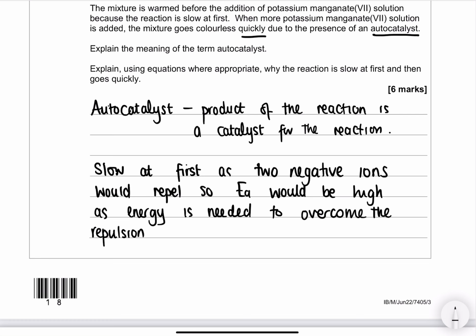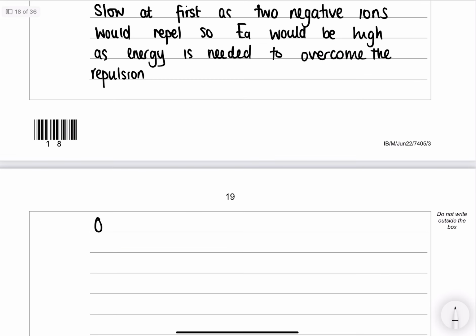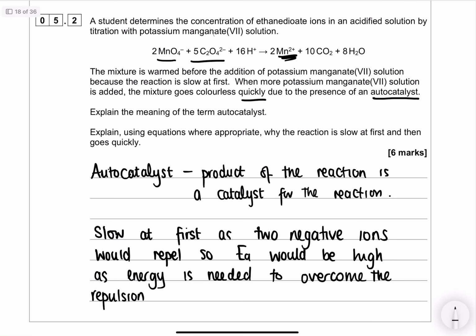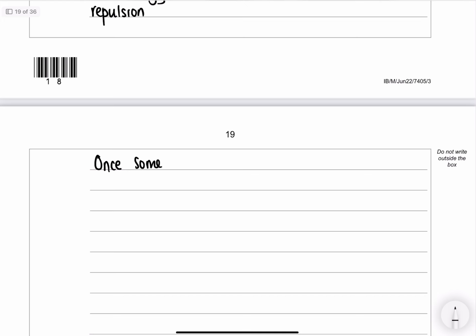And then it says why it's slow and then goes quickly. So once some, and we have to look at the products to see who's our autocatalyst, it's this Mn2+. Once some Mn2+ forms, it acts as a catalyst.